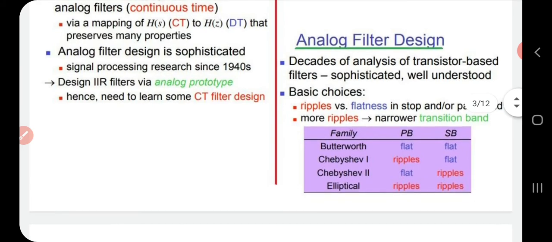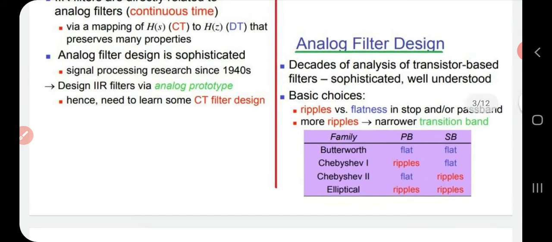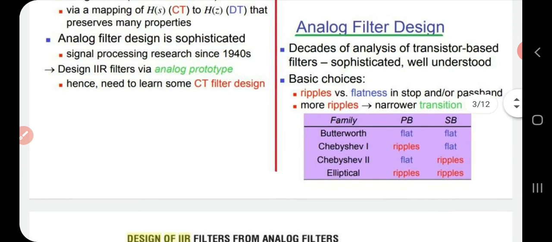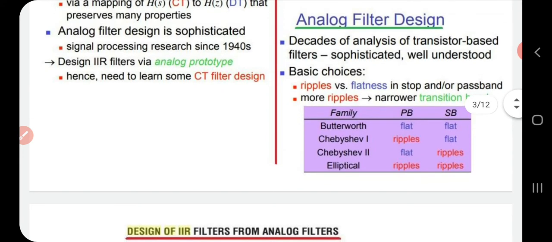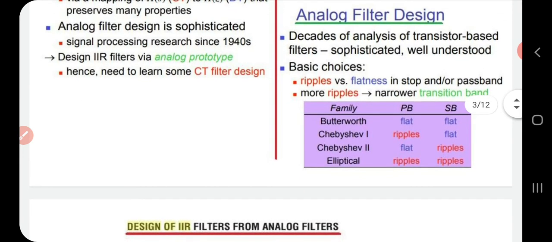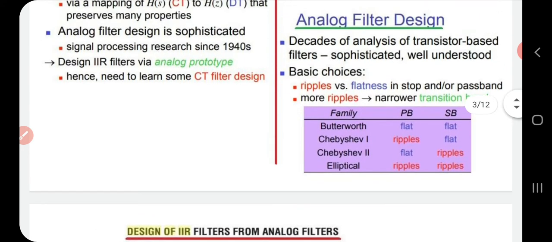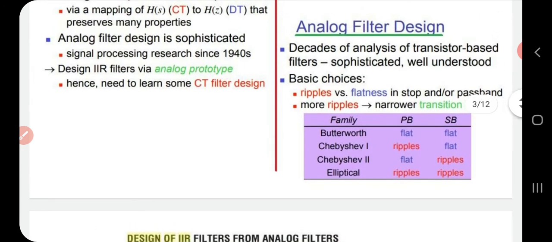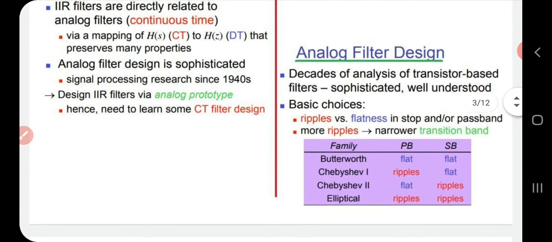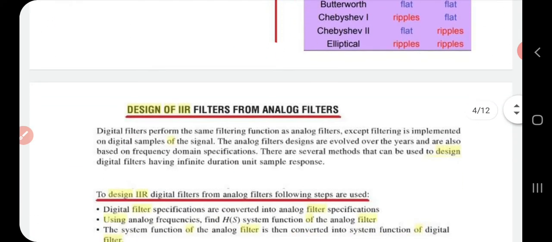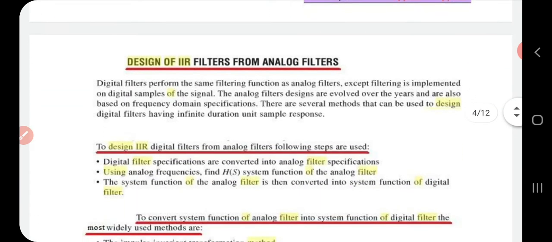For Butterworth, the frequency response is flat in the pass band and also flat in the stop band, whereas in Chebyshev 1 there are ripples in the pass band but the stop band is flat, and in Chebyshev 2 it is just the reverse, whereas in the elliptic filter there are ripples in both the pass band and the stop band. So we have already studied in detail all these analog filters from which digital filters are designed. Now we will go to today's topic.